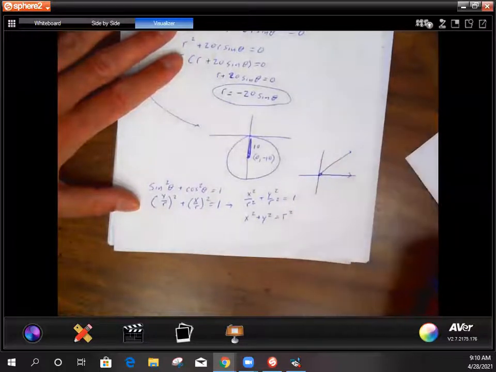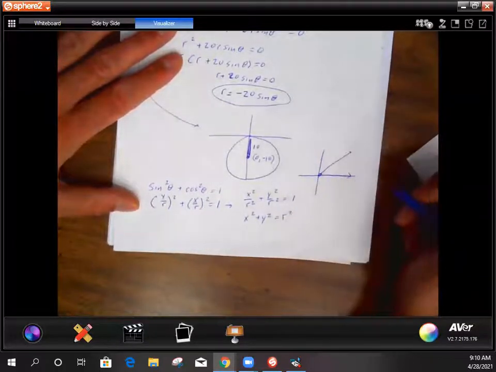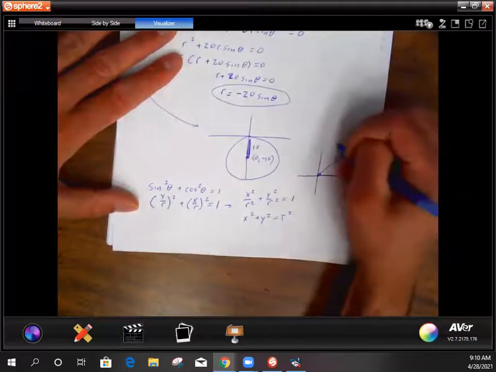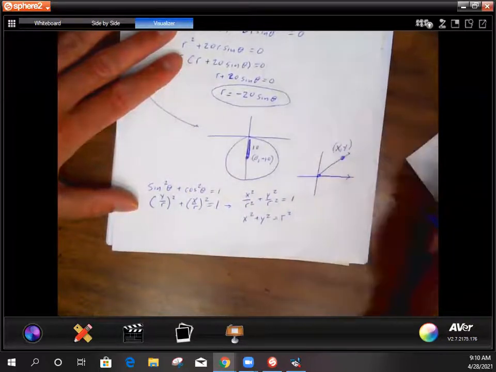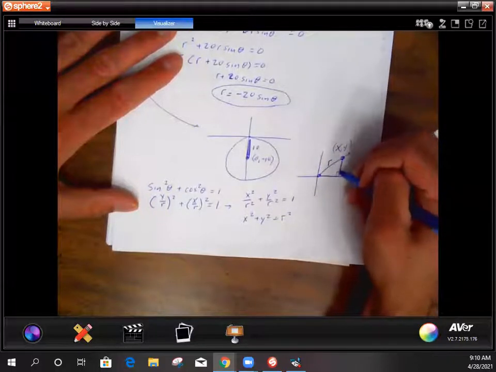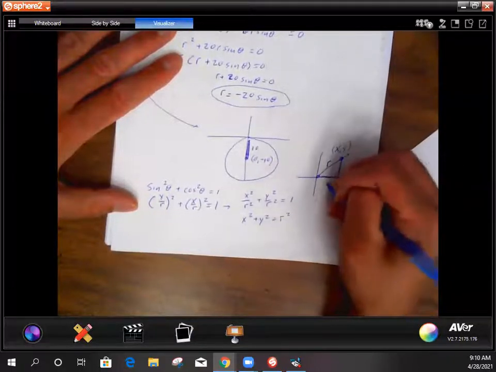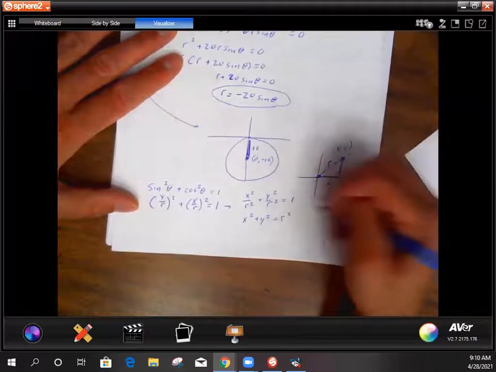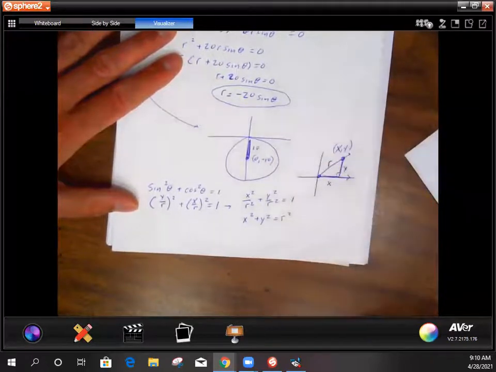So it has to be at the origin with one side on the positive x-axis. X and y is a point on that terminal side, and r is the distance that that point is from the origin. So this would be the x coordinate, that would be the y coordinate, no matter how you rotated it, as long as it was in standard position.